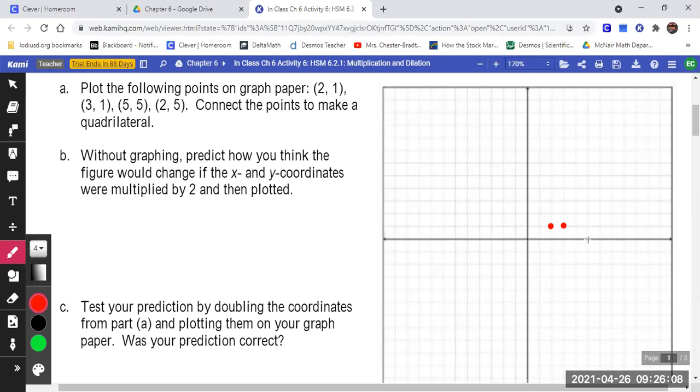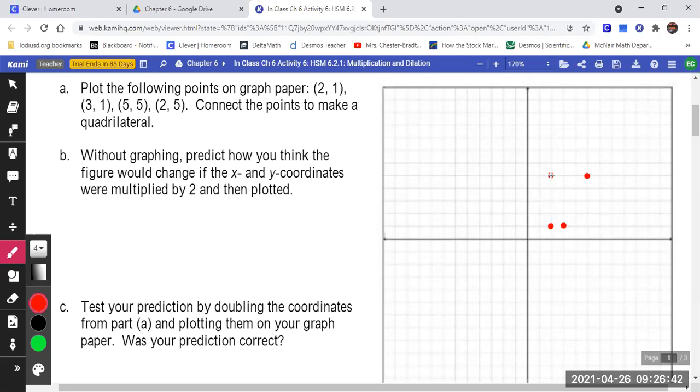Right 5, up 5. Got it. Thank you. And then we have a 2, 5. What's that going to do? Okay, right 2, up 5. 1, 2, 3, 4, 5.